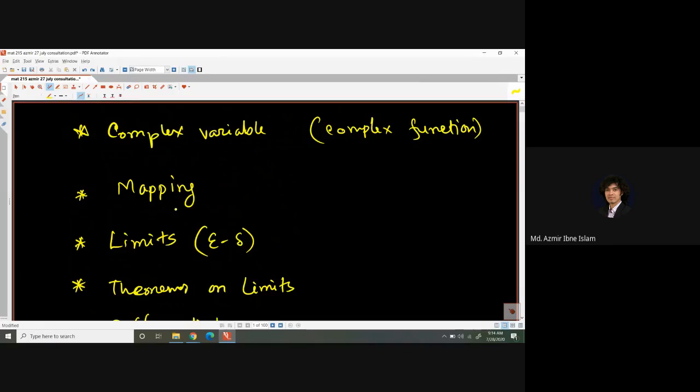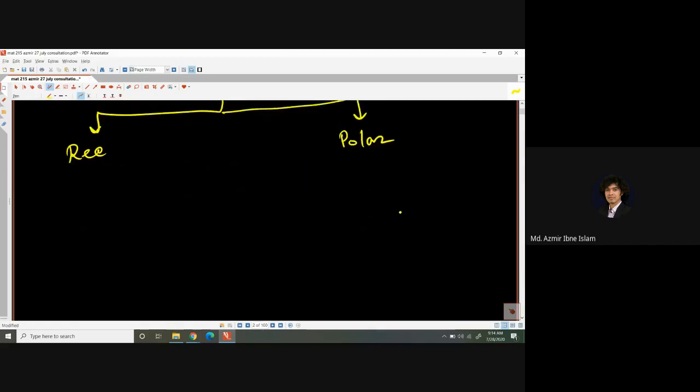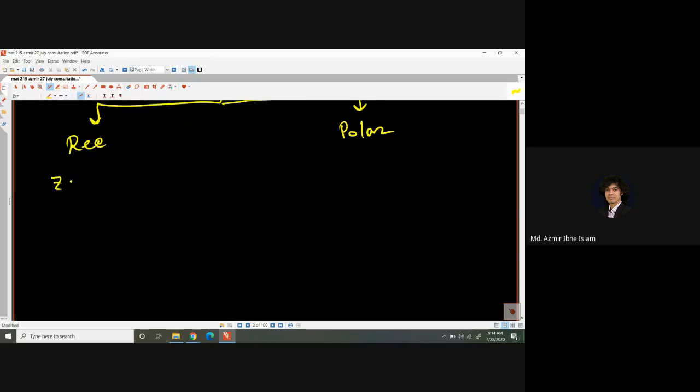First, you must know that a complex number has two forms. The first one is rectangular, which we can say is the Cartesian form, and the second one is the polar form. In rectangular or Cartesian form, the complex number z is equal to x plus yi.